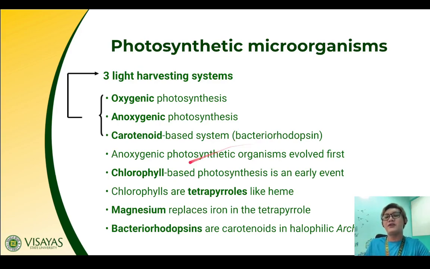So anoxygenic photosynthetic organisms are believed to have evolved first. And chlorophyll-based photosynthesis is just an early event. Chlorophylls are tetrapyrroles, not like a heme group. Magnesium replaces iron in the tetrapyrrole, and bacteriorhodopsins are carotenoids in halophilic archaea.